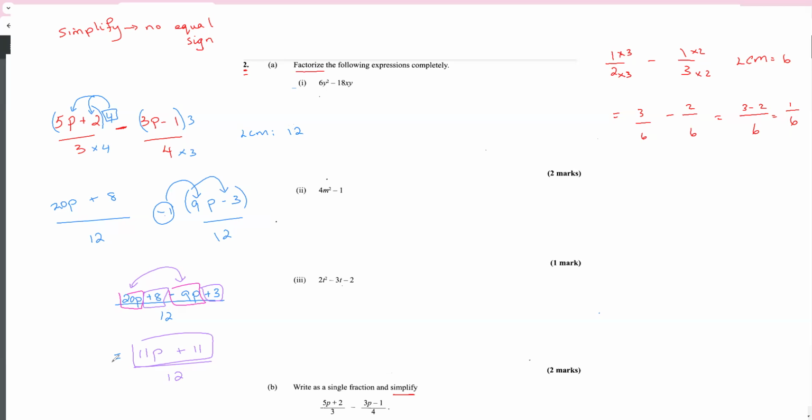Because they are 2 different terms. That's like adding pens to erasers. It's 2 different things, so I can't add them all together. So that's the furthest we can go. And it did say as a single fraction. This is a single fraction. Before it was 2, but now we have 1.